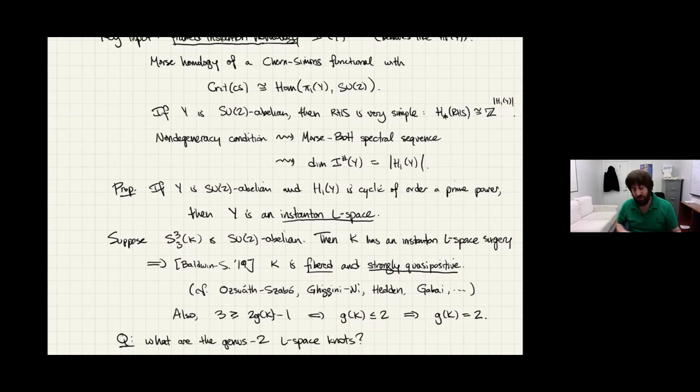I understand that some people are working on this, and we may be very close to an answer. The conjecture would be that the only one that exists is the 2,5 torus knot, but it's not proved yet, or at least not publicly that I've seen. So this is the question we find ourselves asking. What are the L space knots of genus 2?